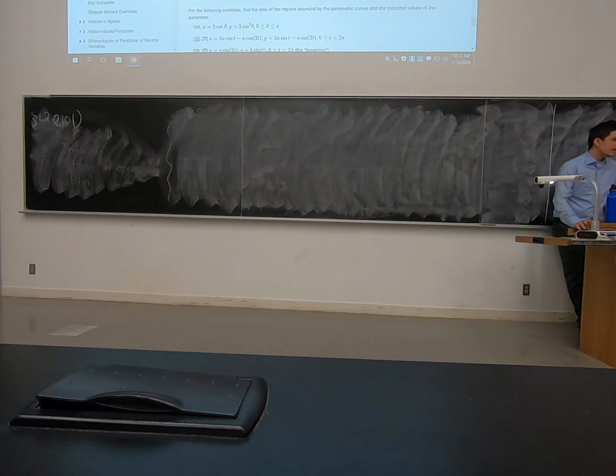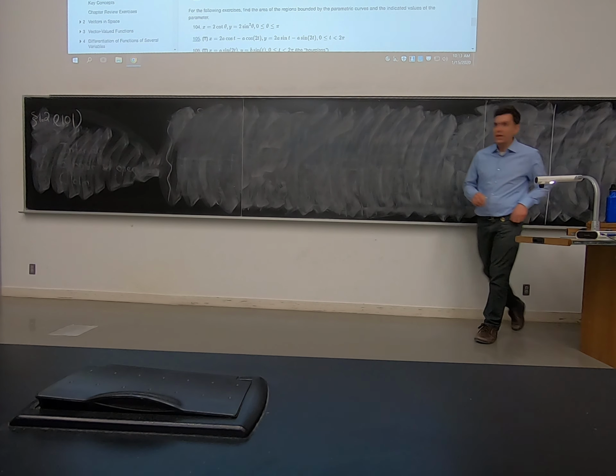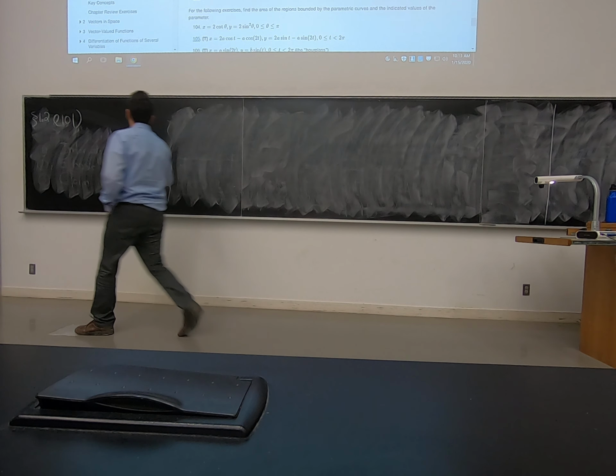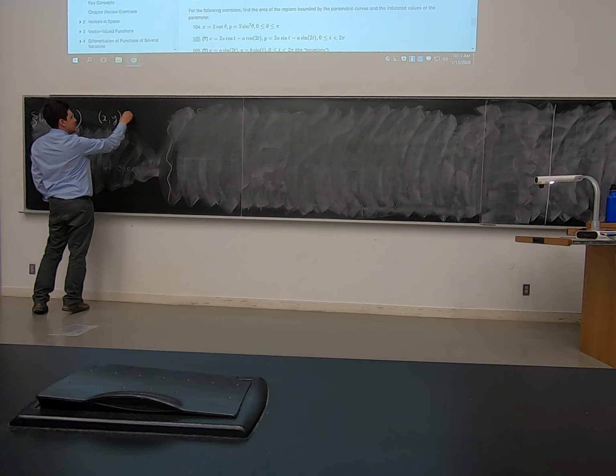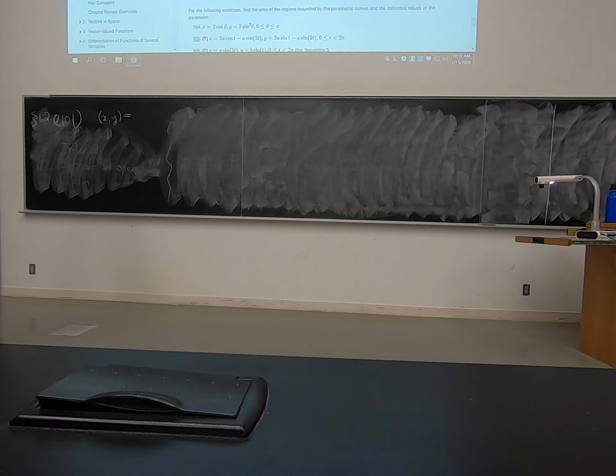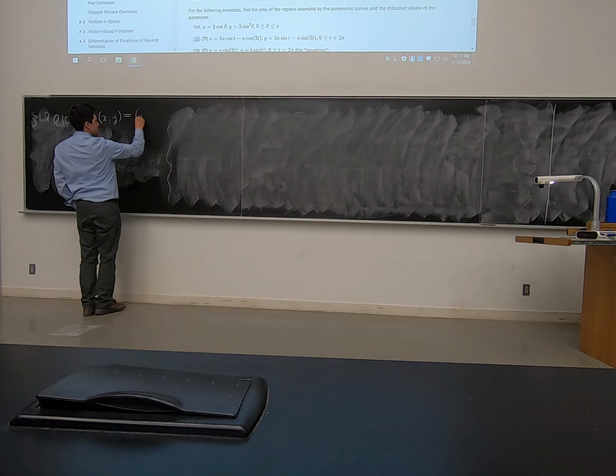Okay, wow. All right. Find the area enclosed by all of these crazy curves. So we've got (x, y) is, what do we got? We've got cos t e to the t.